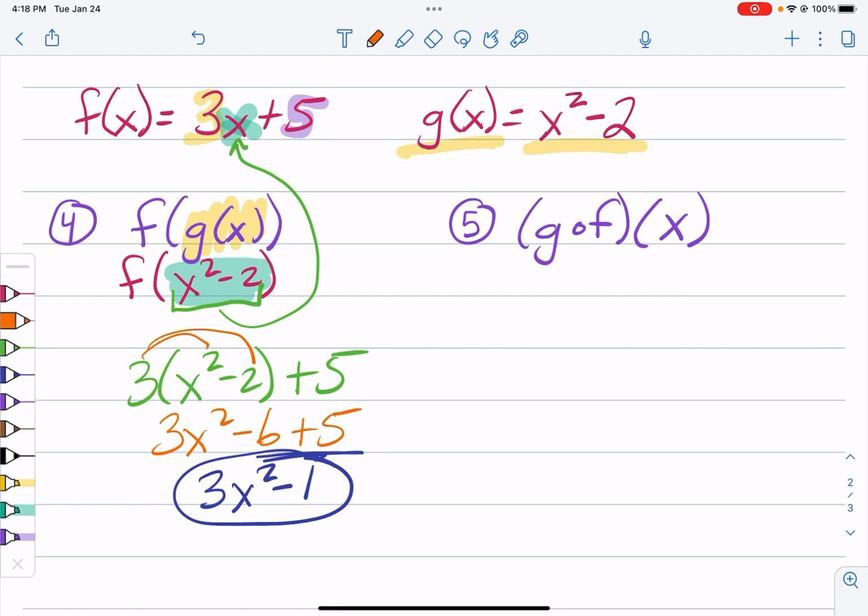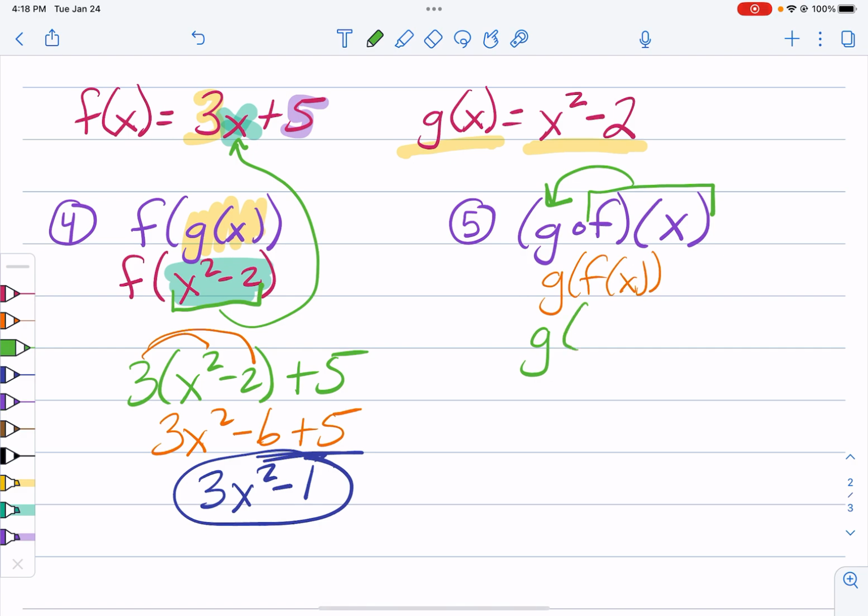Now I wrote this one with the composition little circle on purpose. So g composed with f of x is the same as g of f of x, same order. We're basically going to take the f of x function and plug it into the g of x function, because the f of x function is 3x plus 5, and we now need to plug that into the g equation.